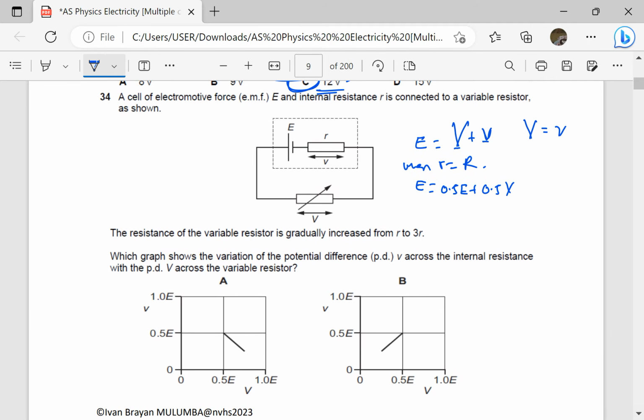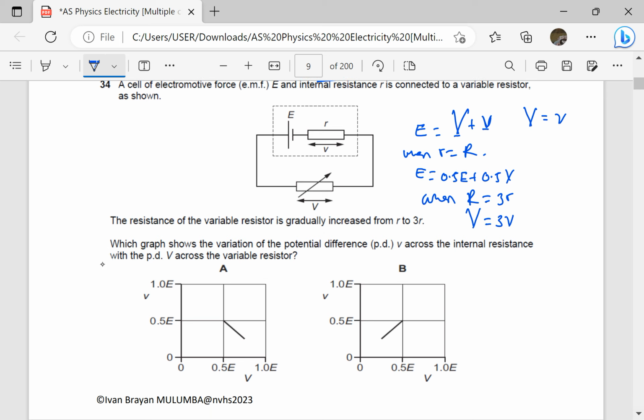Now what happens when capital R is 3r? The resistance of the variable resistor has increased 3 times, which also means capital V should be 3 times small v.